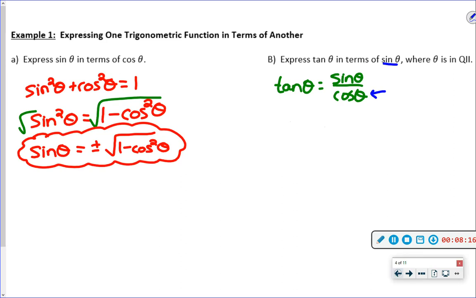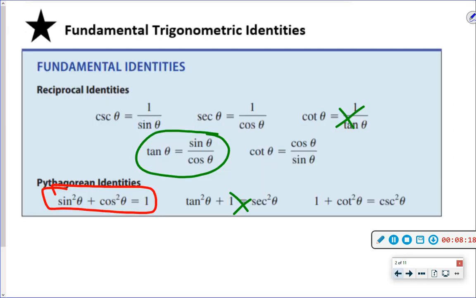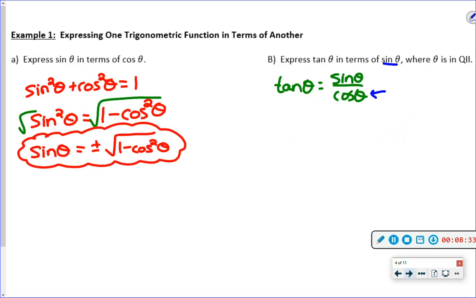So, looking back here again, I'm going to use this because sine and cosine are related here. I can solve that equation for cosine. I can subtract sine squared off and solve it so I just have one trig function. So I'm just going to jot down that equation again, sine squared plus cos squared equals 1. I feel like I've written it 10 times today already.